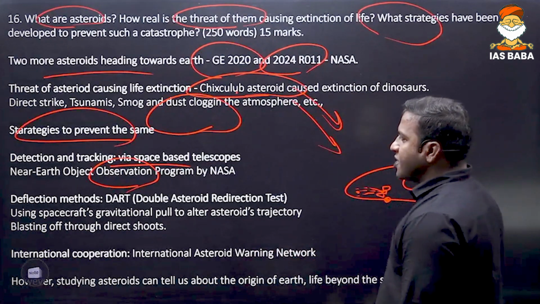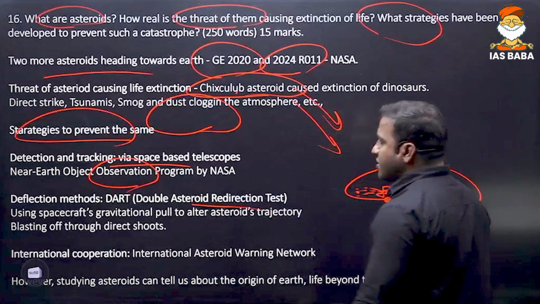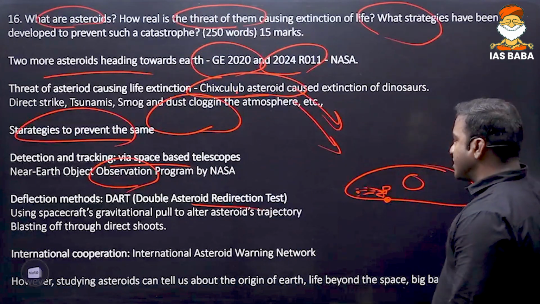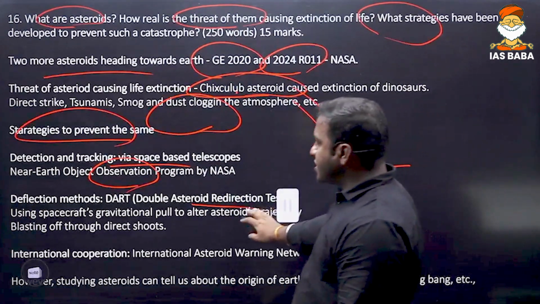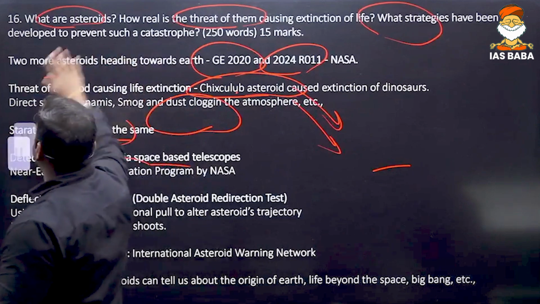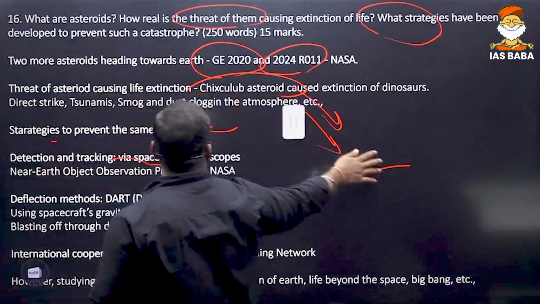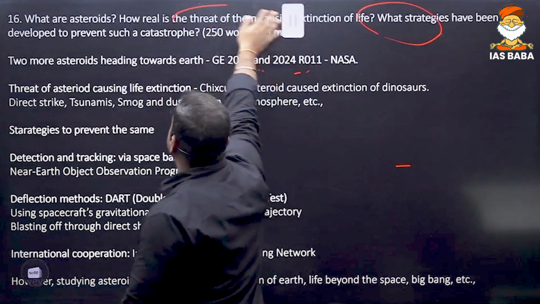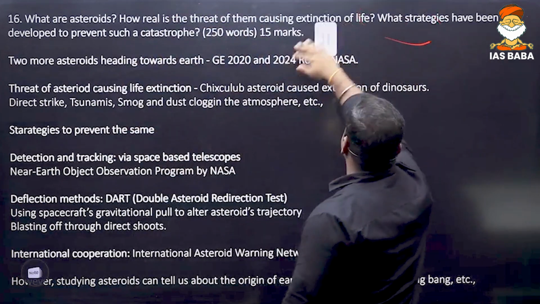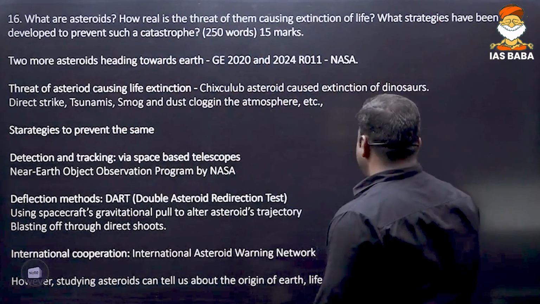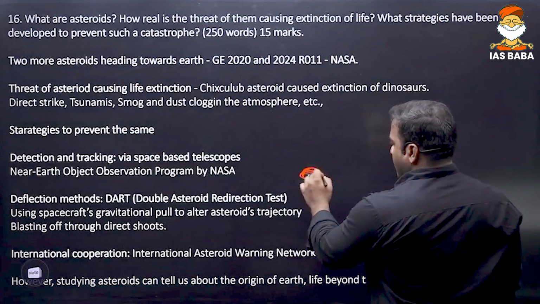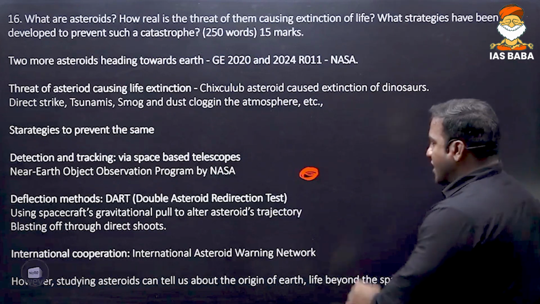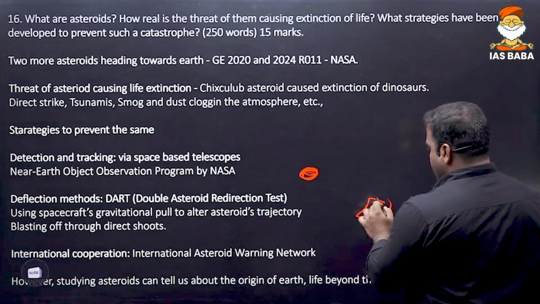Then deflection methods. Friends, here is the DART method, the Double Asteroid Redirection Test. It was an operation by NASA and ESA, the European Space Agency and NASA, who together made this project. ESA said, my duty is to track this asteroid through a telescope.